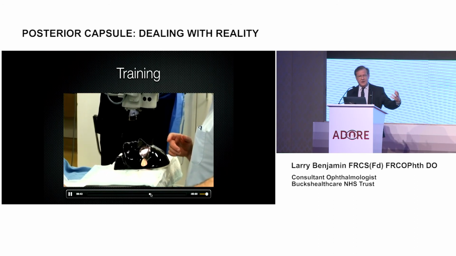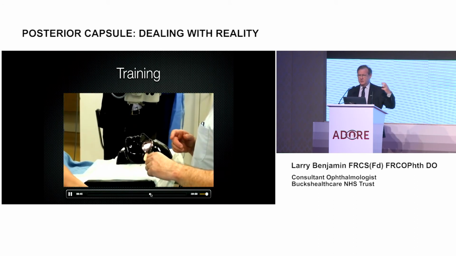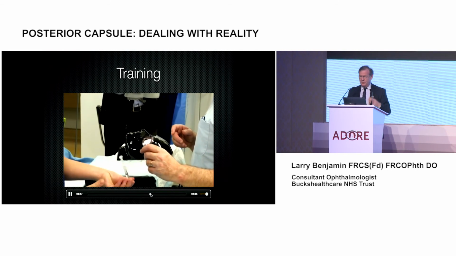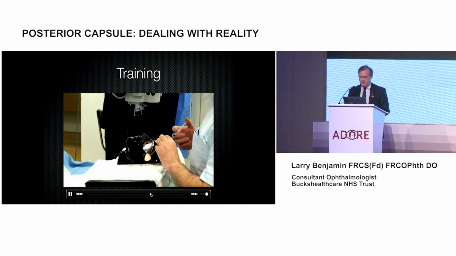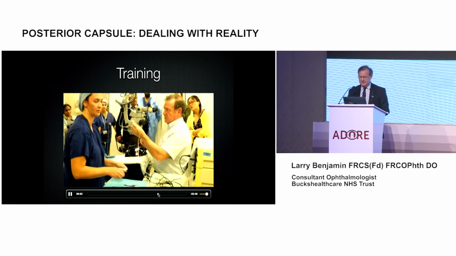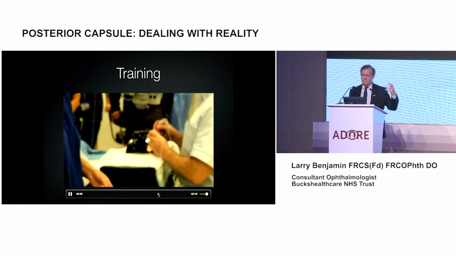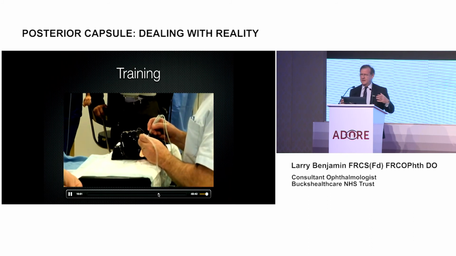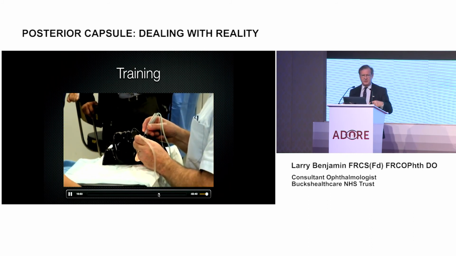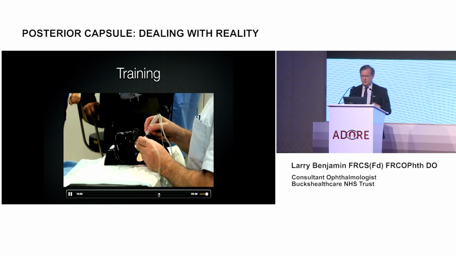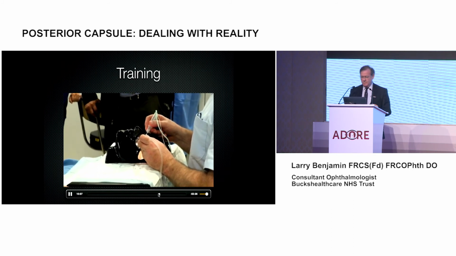You can inject egg white into these eyes to mimic the vitreous, and you can stain it with triamcinolone. And you're in your own environment, and everyone can have a go at setting up the machine, learning the settings, and talk it through and practice. We do this now once every 4 to 6 months with all the trainees, so they each get a go at actually doing an anterior vitrectomy, which is invaluable because you only do it one time in 100 otherwise.